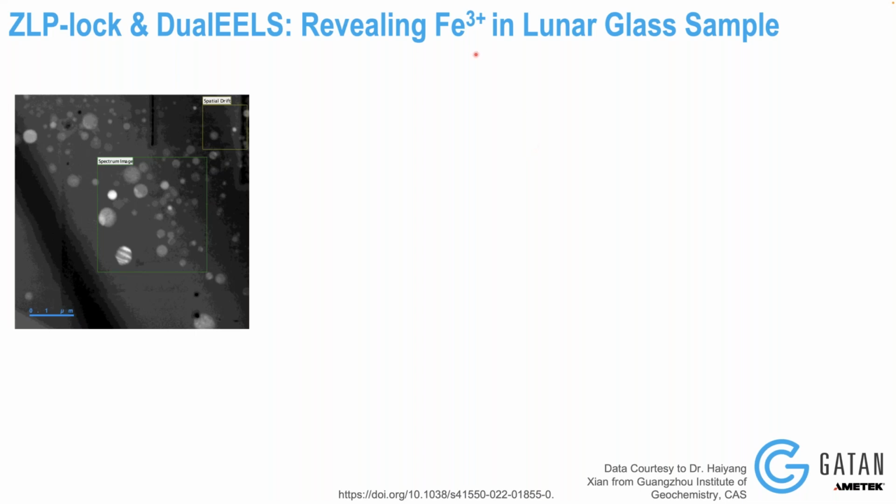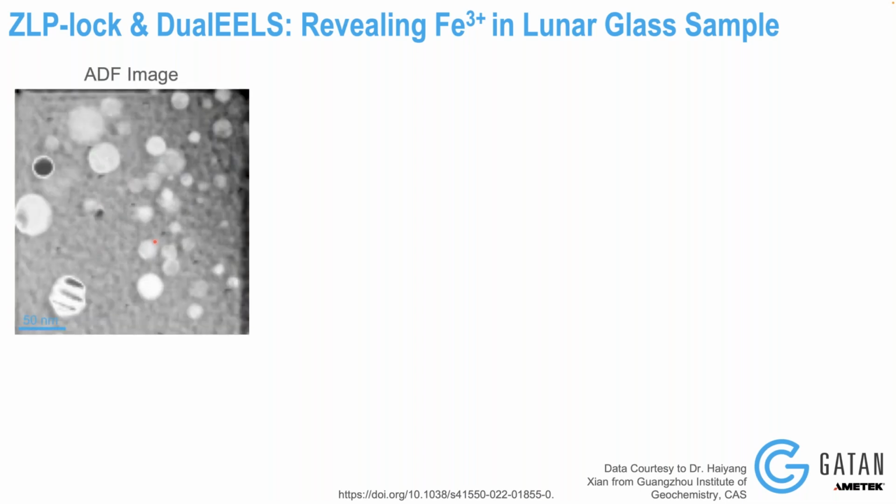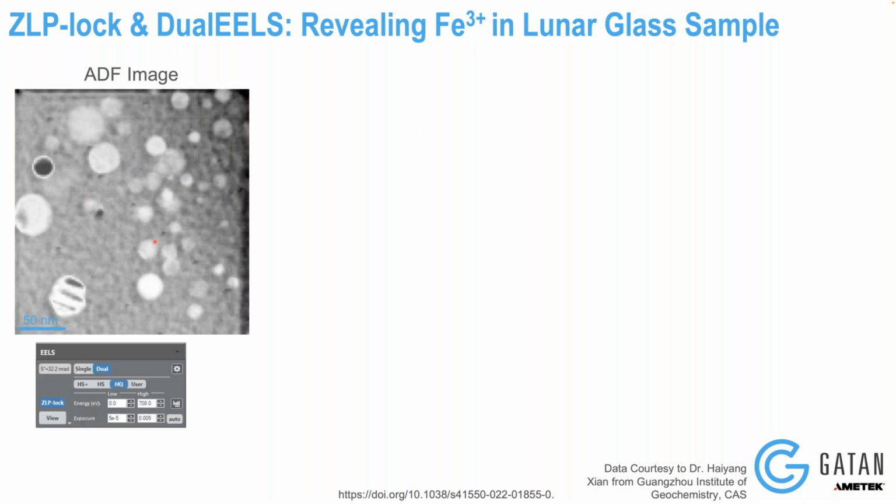The workflow is that we would acquire an ADF STEM image, define a spectrum image acquisition area, this green box here, and we could use drift correction if we wanted, but that's not necessary. The critical thing is we draw an array that we're interested in getting spectral data from. We will get an ADF signal from that array as well as EELS data.